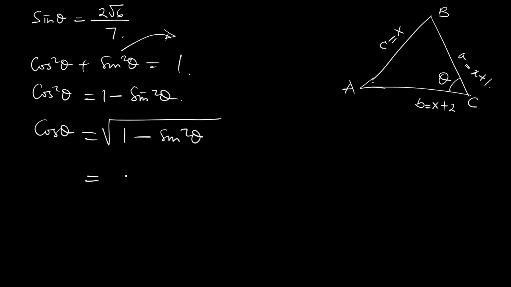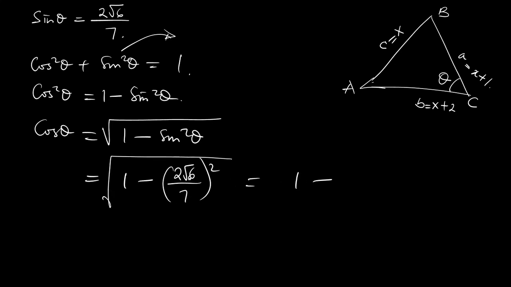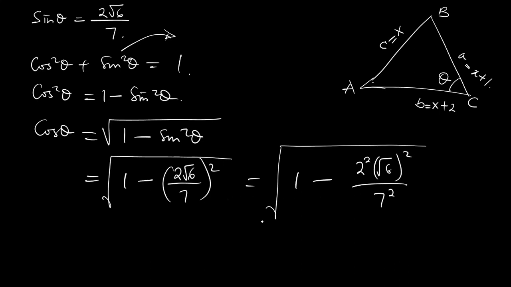So this is equal to the square root of 1 minus, where sine theta is 2 root 6 divided by 7, all squared. If you square this, you have 2 square root of 6 all squared over 7 squared.